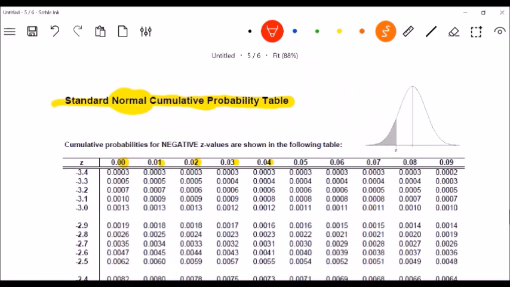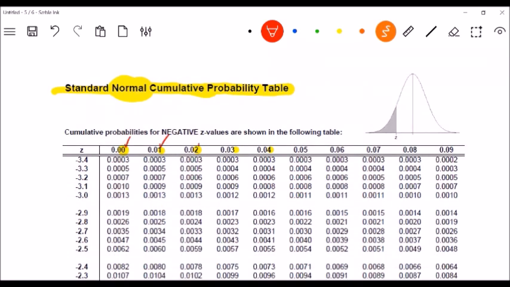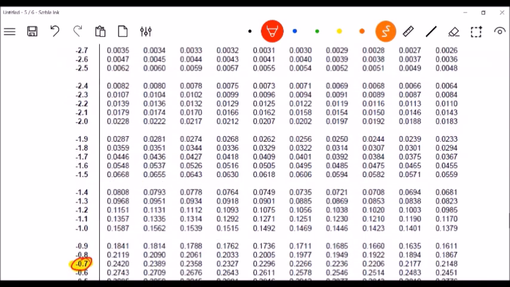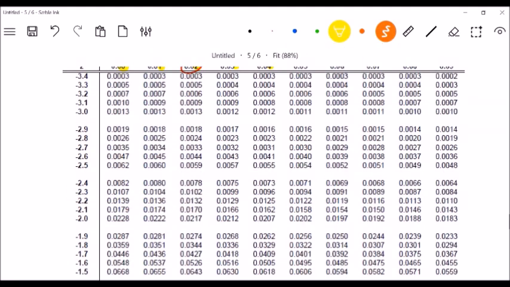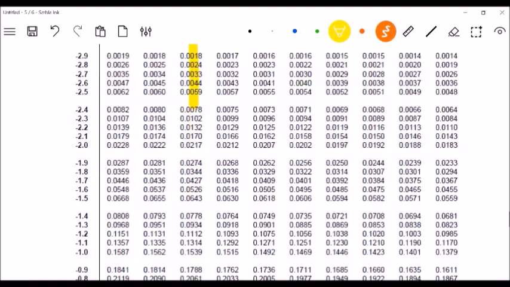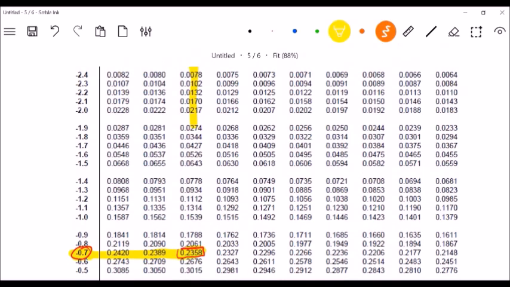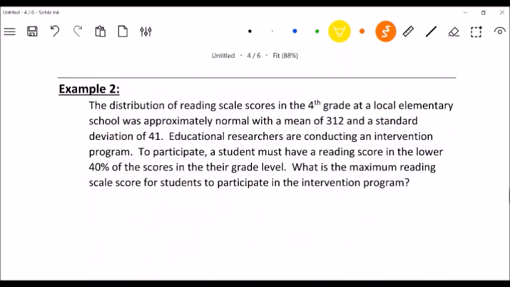So coming back up here, here's the 0, the 1, and the 2 column. So we want that 2 column, so we want to go to this spot. So that's where we're going over from the negative 0.7 and coming down from the 0.02. So let's go and put that in back on page 1, 0.2358.